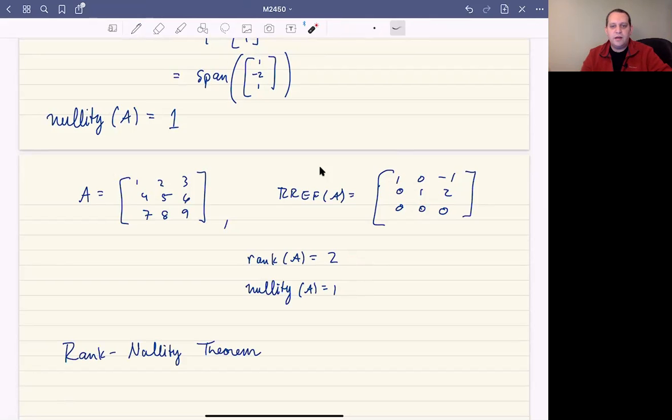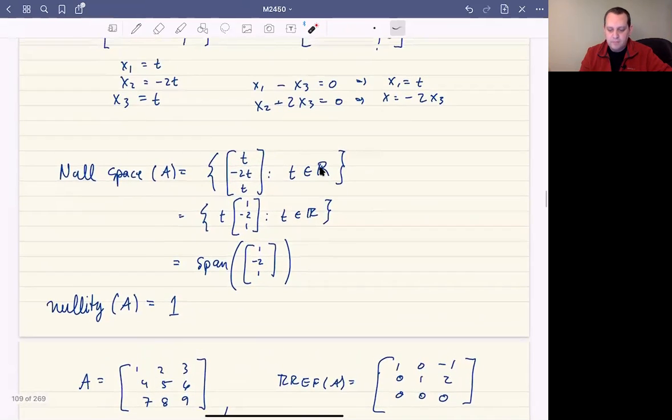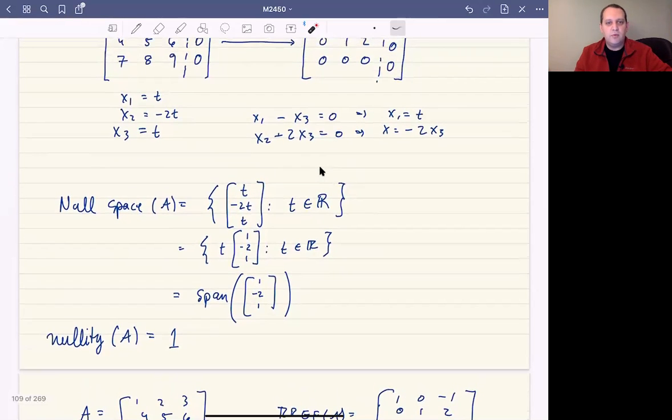But I think a better way to think about the nullity for now is when you think about the span, it's the set of all linear combinations of the single vector. And linear combinations of a single vector just means scaled versions. It's all the multiples of this vector. So when you think about the nullity, you can think about the number of parameters that you have when you parameterize your solution.